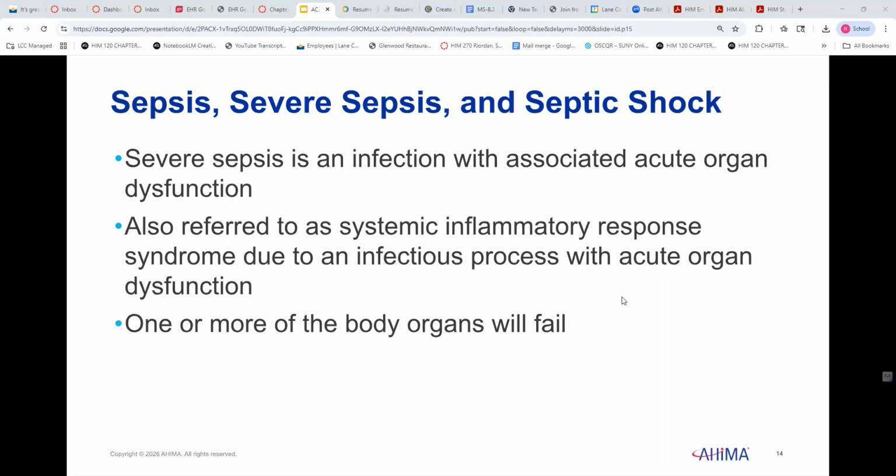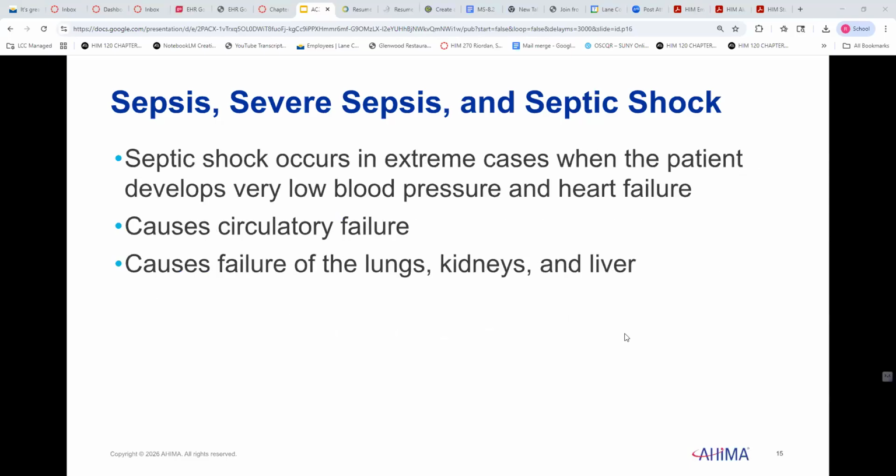This is due to an infectious process with acute organ dysfunction, and one or more organs will fail. And septic shock is the next stage in this. It occurs in extreme cases when the patient develops very low blood pressure and heart failure. And then again, it's kind of a spiraling effect, causes circulatory failure, failure of the lungs, kidneys, liver, what have you.